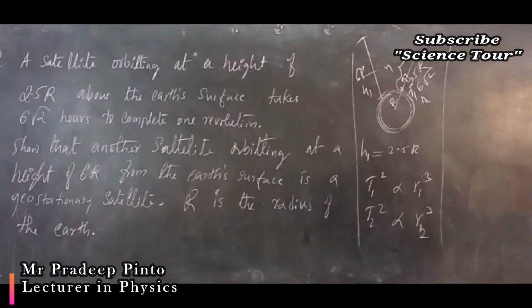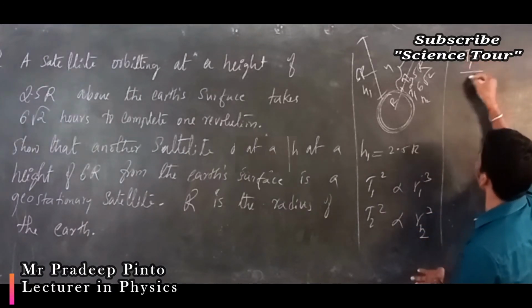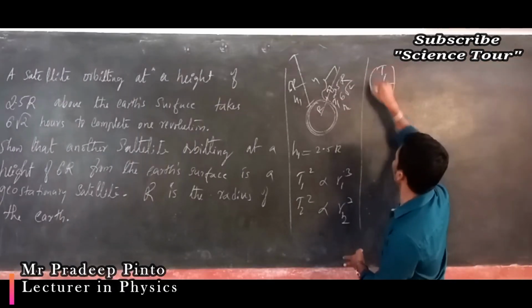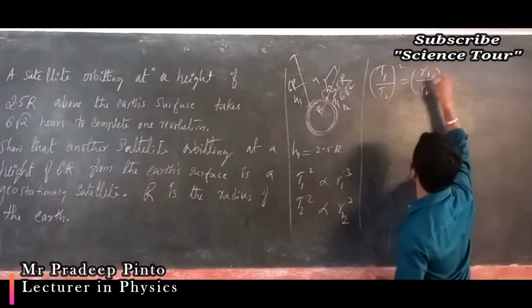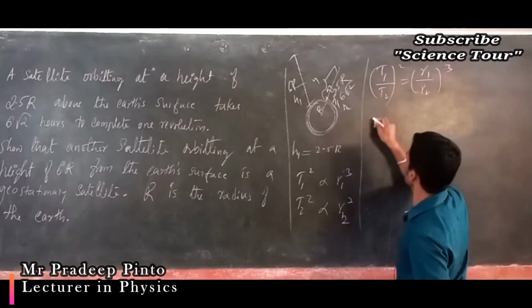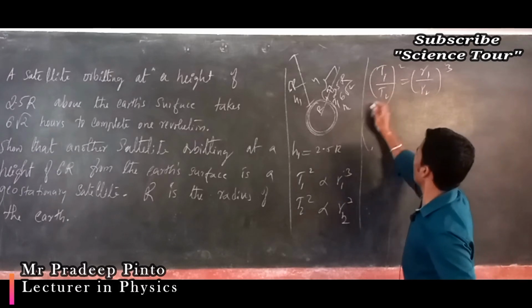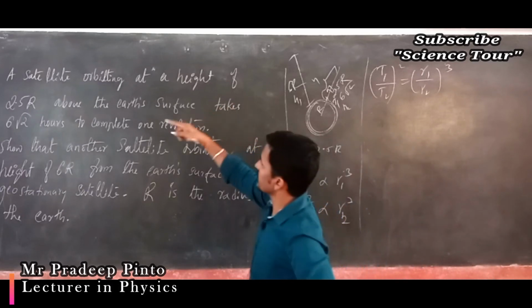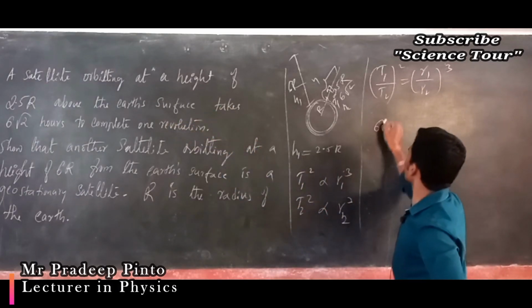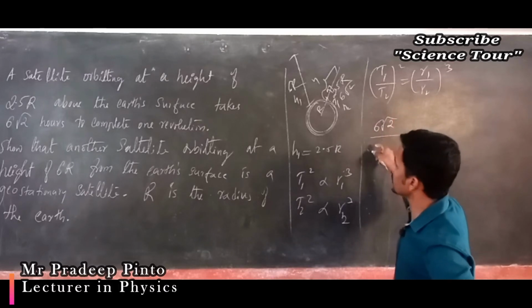That is what we have studied. Right, now you are going to have T1 by T2 whole square, which is equal to R1 by R2 whole cube. Now for T1 by T2 whole square, you write T1 for the first one, which will take 6 root 2 hours.